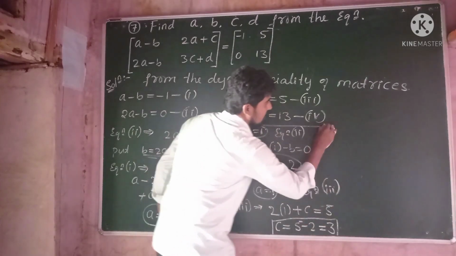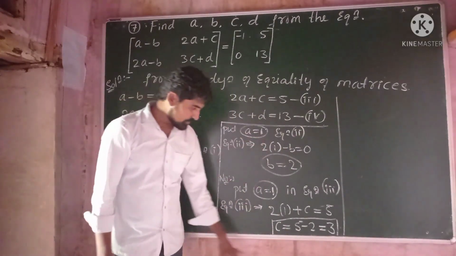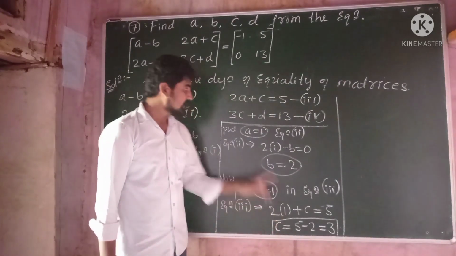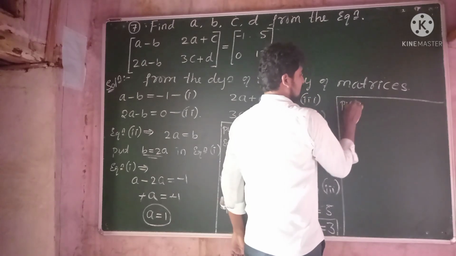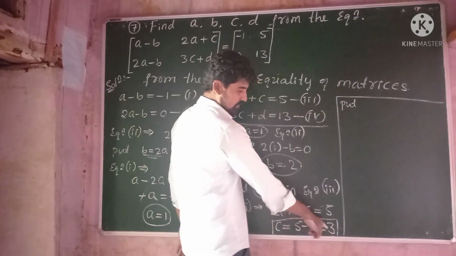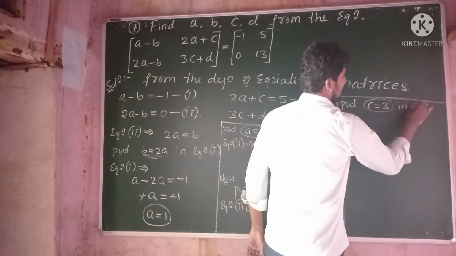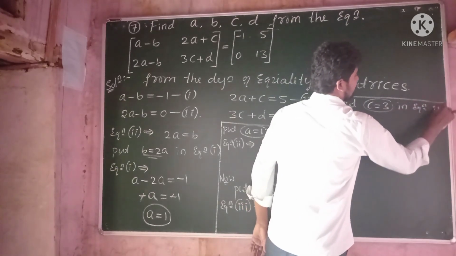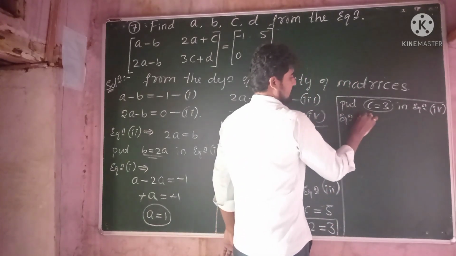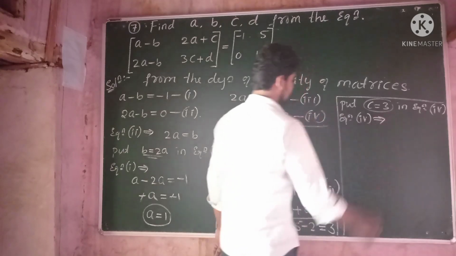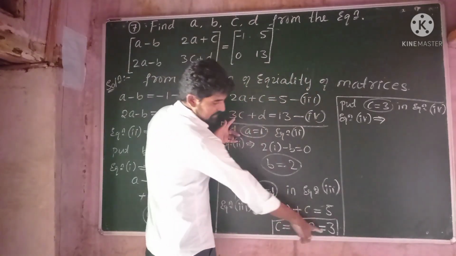Next, to find the value of D, substitute the value of C in equation number 4. So what is the next step? Put C equal to 3 in equation 4. So equation 4 implies 3 into C means 3 into 3.